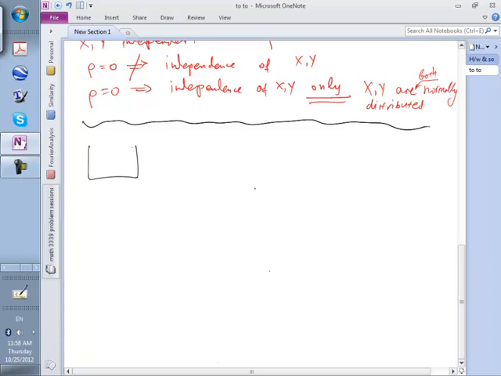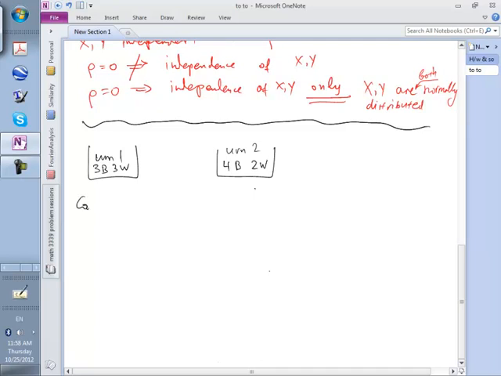So we have two urns, urn 1, that contains 3 black and 3 white balls, and we have another one, urn 2, that contains 4 black and 2 white balls.